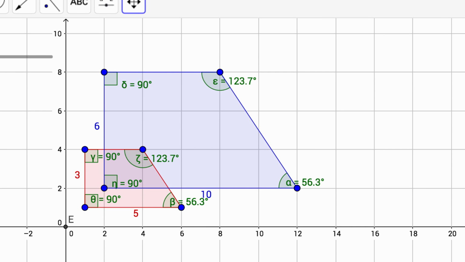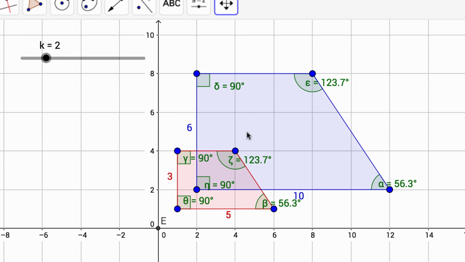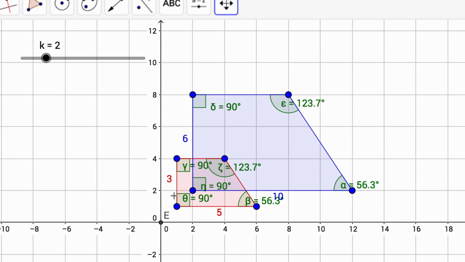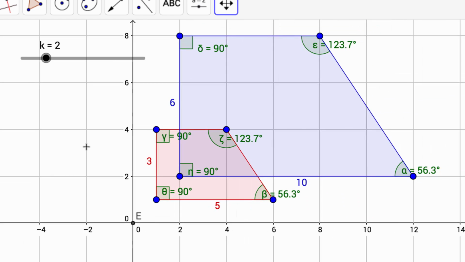What we can see is, if I take this and blow it up, the scale factor was 2, so all the coordinates doubled. Also this side, which was 3, became a length of 6. This side, length 5, became a length of 10, and so on and so forth.